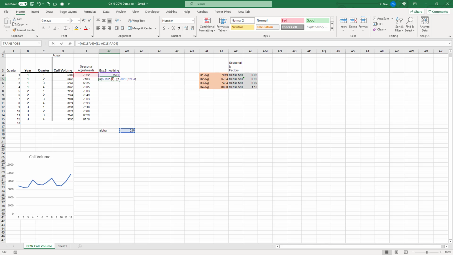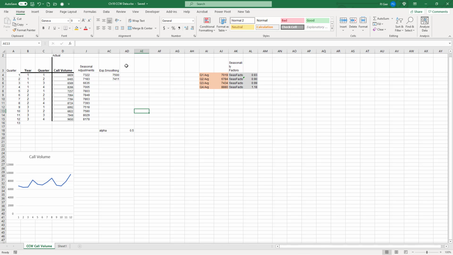Okay, so the second period that we have, 8018, let's name this alpha and see if it will pick it up. Sometimes there's a little bit of a lag from the time that you name a cell to when it starts getting picked up. I'm not really sure why that is. Let's save this file, Control Save.